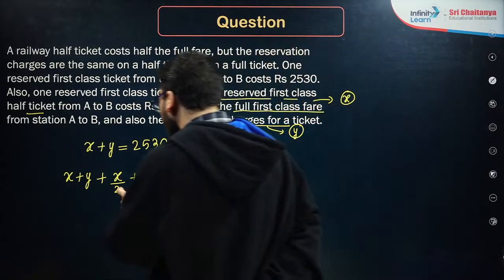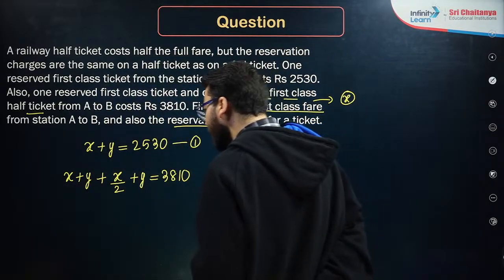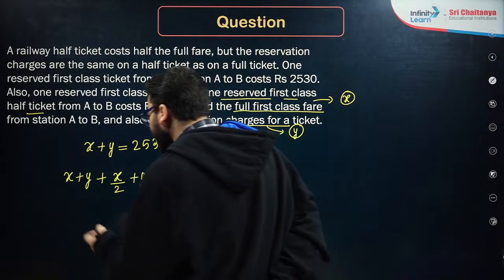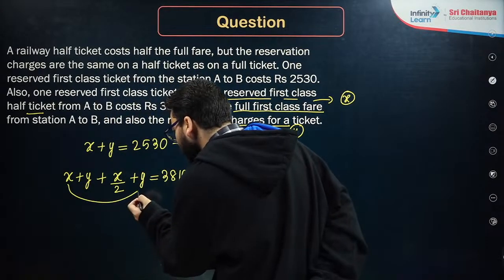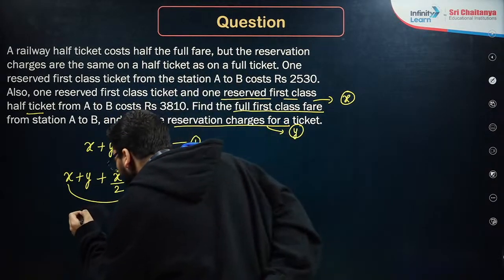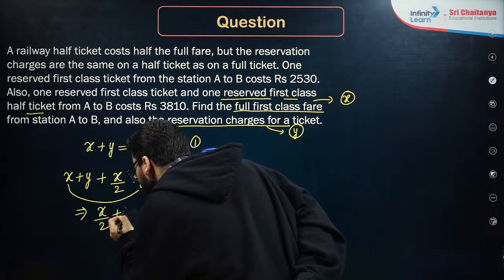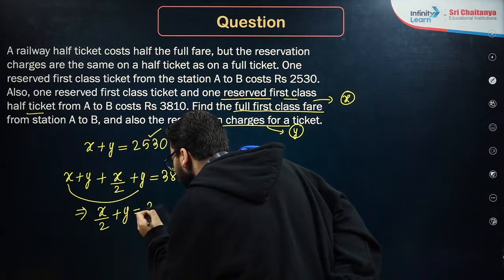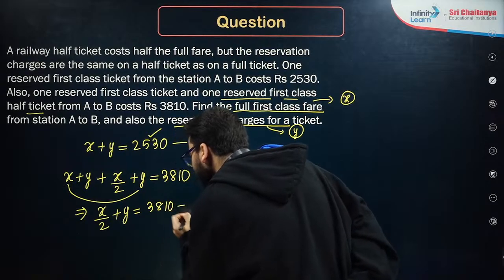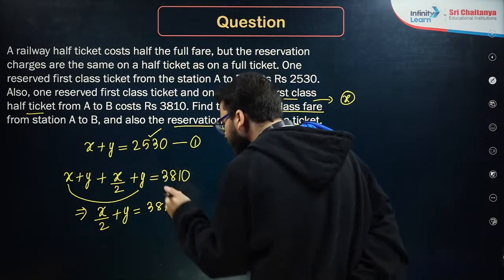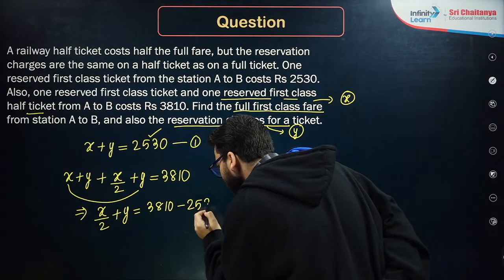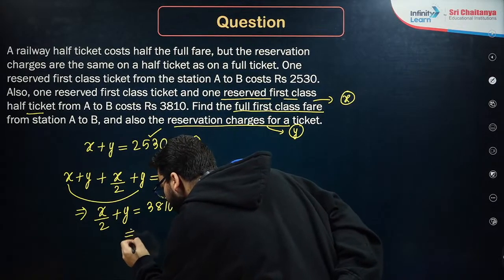Now you can solve using any method possible, but I guess the simplest thing you can do over here, can I directly put X plus Y to be this? So I will get X by 2 plus Y equal to 3810 minus X plus Y, which is already 2530, yes or no? So let's simplify.